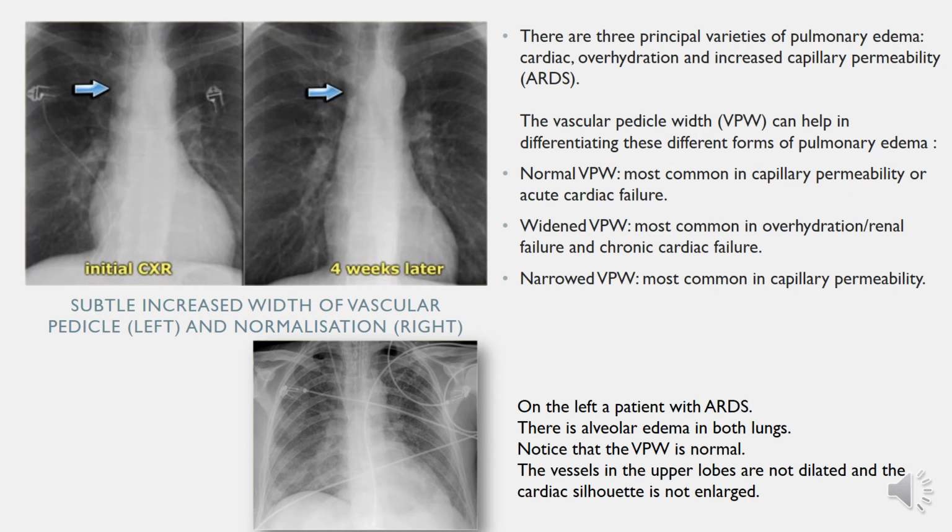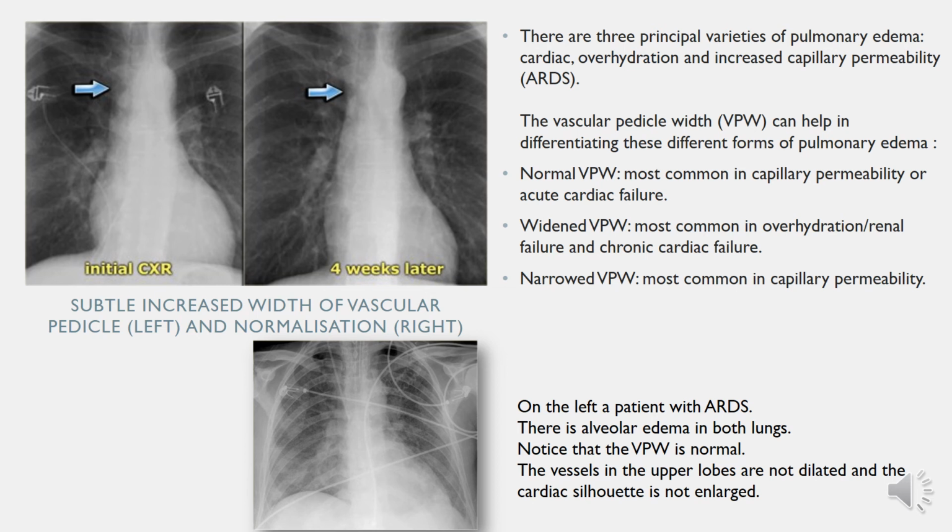There are three principal varieties of pulmonary edema: cardiac, overhydration, and increased capillary permeability, which we call ARDS. The vascular pedicle width can help us in differentiating these different forms of pulmonary edema. Firstly, we have normal vascular pedicle width.